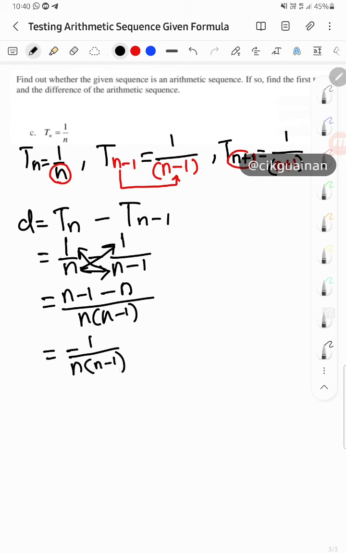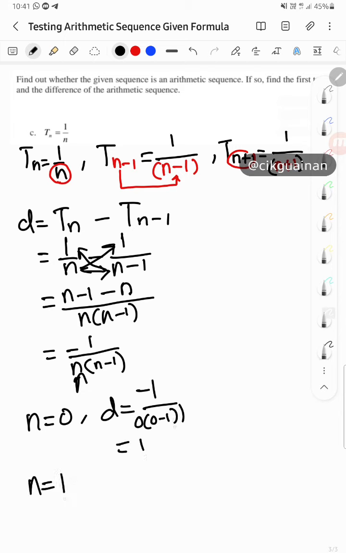Now we get something like this. When you get your d in terms of n, it means that the value of d depends on the value of n. In other words, if you change the value of n, the value of d will differ. For example, if n is 0, d is 1 over minus 1, which is 1.